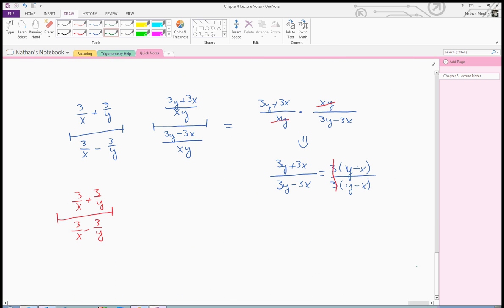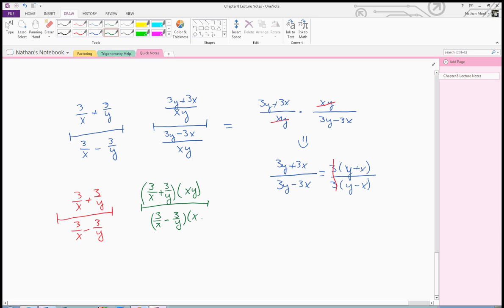So anyway, we go back down here, and basically, we're going to multiply this by the same type of principle, which is going to be x and y, all over 3 over x minus 3 over y.